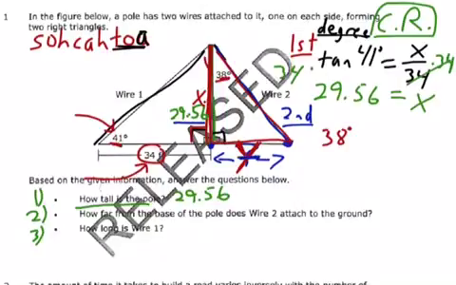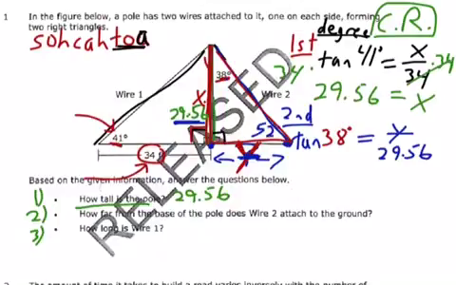In other words, the measurement I want and the measurement I have. So I could use opposite as Y over adjacent. So it looks like I'm using tangent yet again. So tangent of 38 degrees equals Y over 29.56.